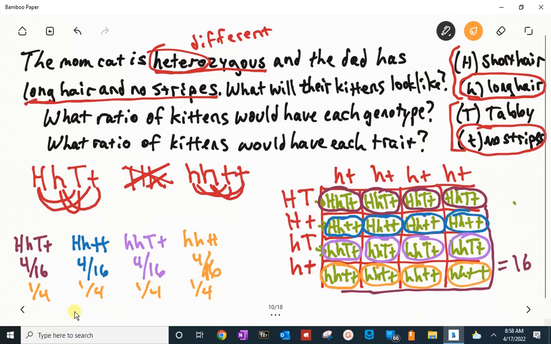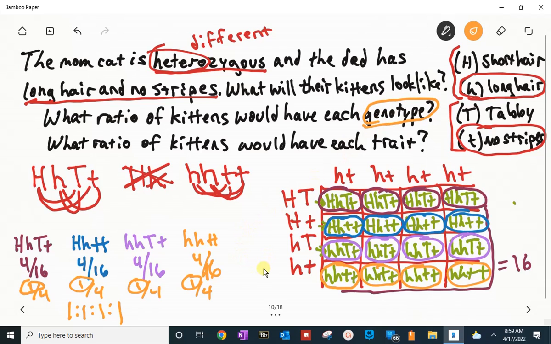And when you write the ratio down, you're just going to take the top numbers. Since all the bottom numbers are all 4, we can just not worry about the 4s on the bottom of the fractions and just write 1 to 1 to 1 to 1 as the ratio of kittens with each genotype, which is the first question right here.